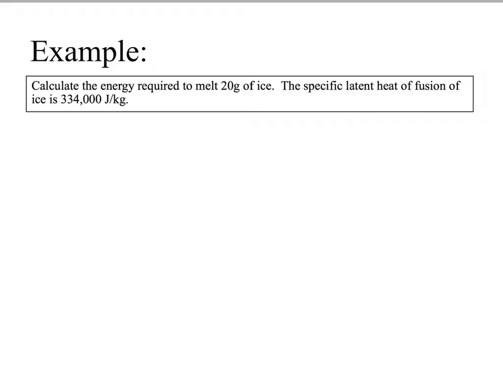I know that we always need to use mass in kilograms, so I'm going to have to do some conversion at some point. So now you go to the front of your exam paper and you find the equation that you want. We need an equation that contains energy, specific latent heat, and a mass. And of course we're going to use this one.